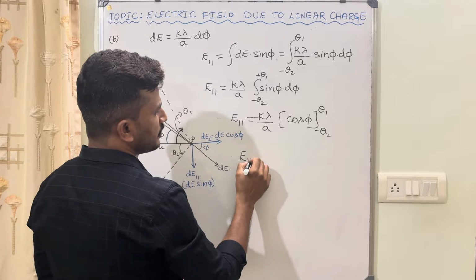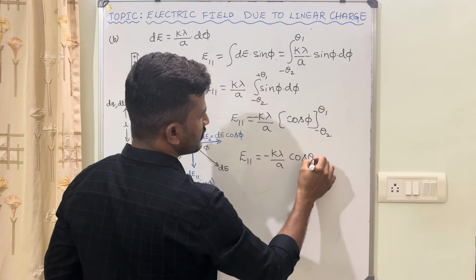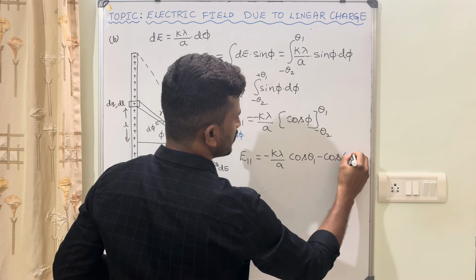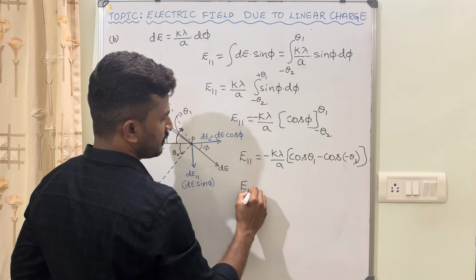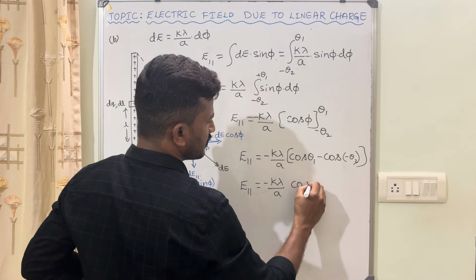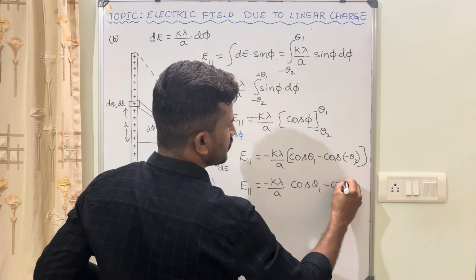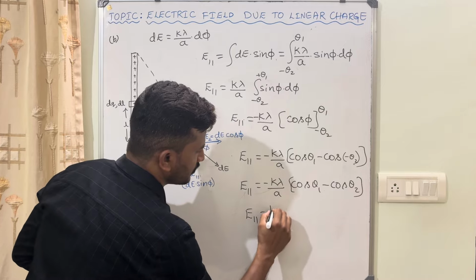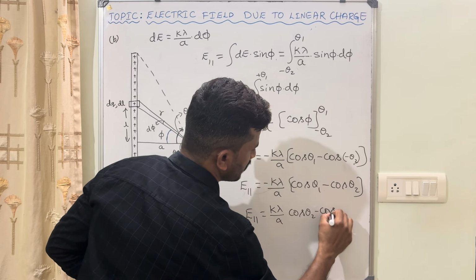So E parallel is equal to minus K lambda by A, cos theta 1 minus cos of minus theta 2. Cos of minus theta 2 is cos theta 2. So E parallel is equal to K lambda by A, cos theta 2 minus cos theta 1.